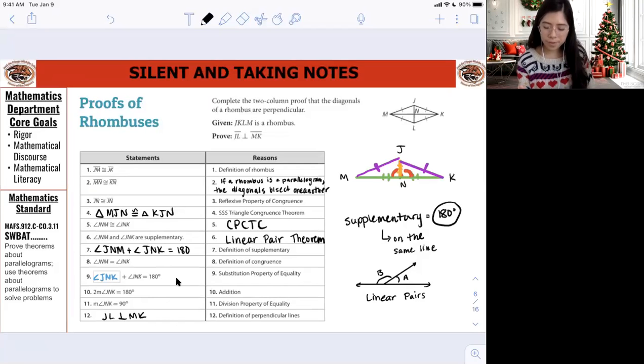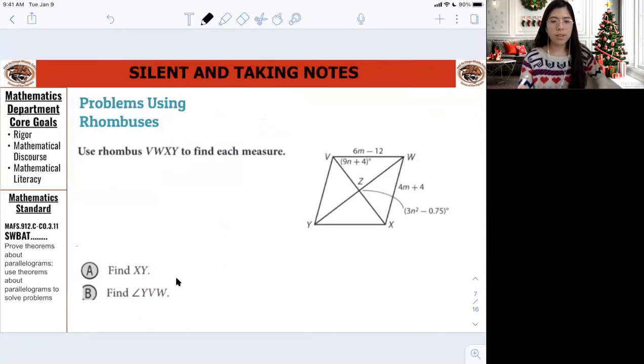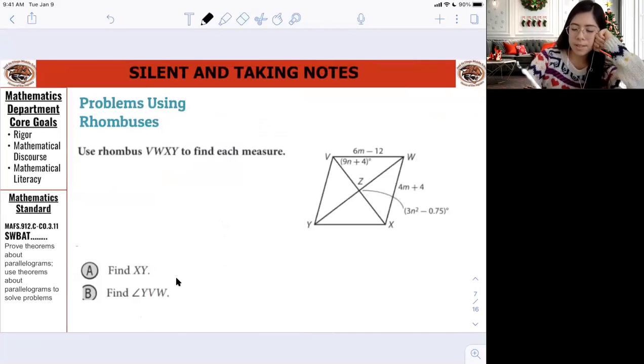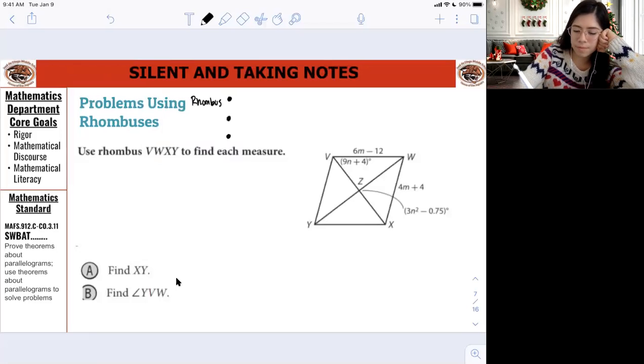Okay, moving on. Here's one problem. We probably won't do both parts, but now that we know some stuff, what do we know about rhombuses again? Let's quickly write that down. What were those 3 bullet points in the little box where I said properties of a rhombus, that we wrote down a couple slides ago? If a quadrilateral is a rhombus, then it is a parallelogram.